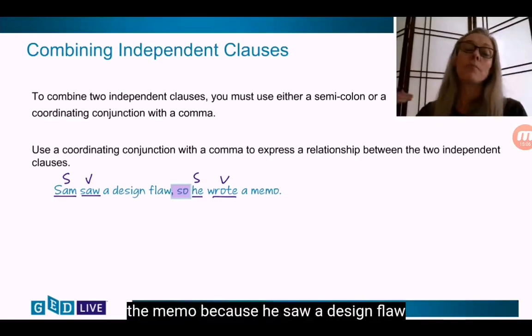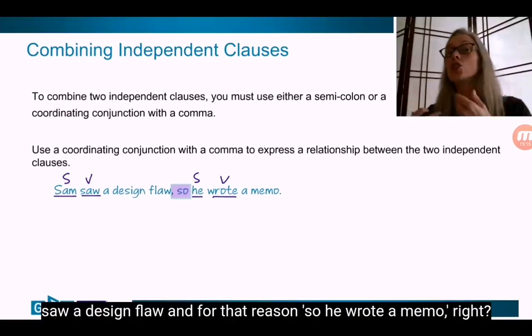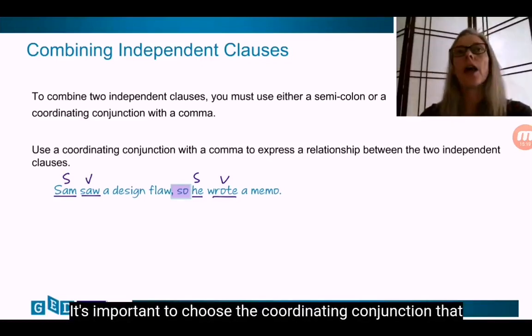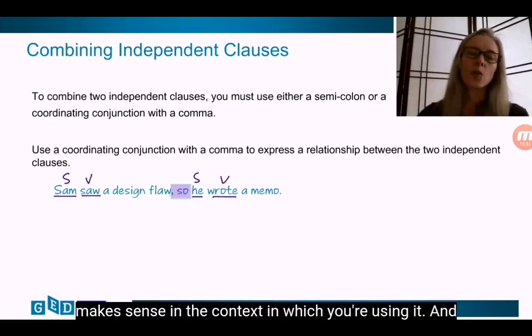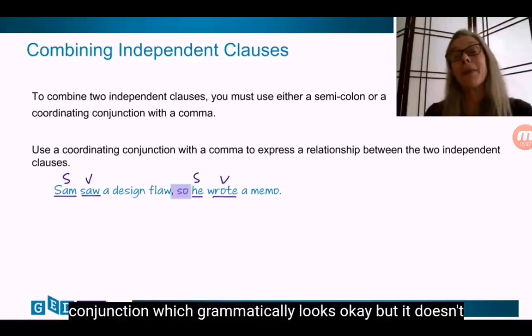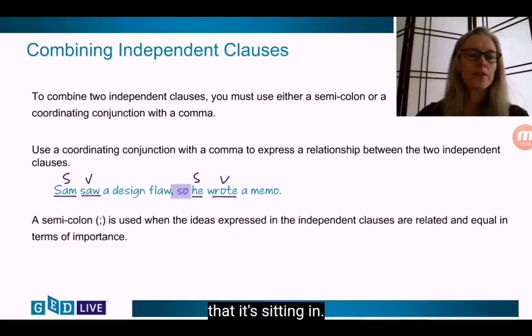He wrote the memo because he saw a design flaw. That's why so is a conjunction that makes sense here. He saw a design flaw, and for that reason, so he wrote a memo, right? So it's important to choose the coordinating conjunction that makes sense in the context in which you're using it. And beware, because the test maker may well pop in a coordinating conjunction which grammatically looks okay, but doesn't necessarily make sense with the sentence that it's sitting in.